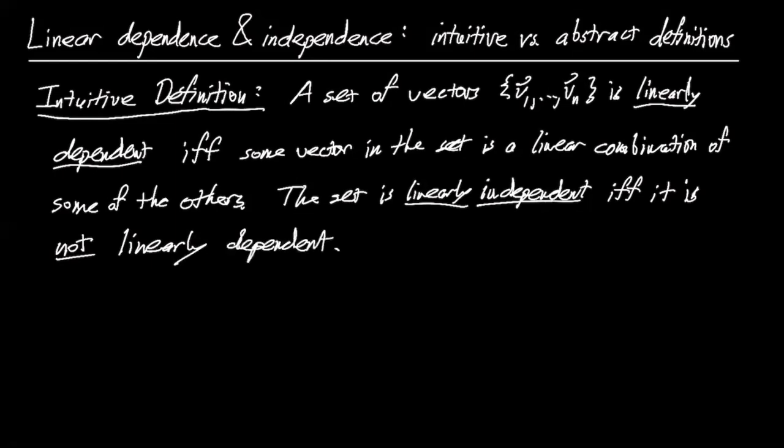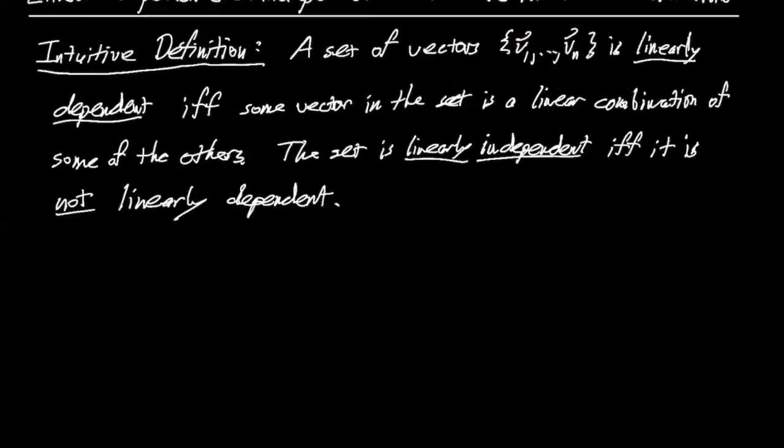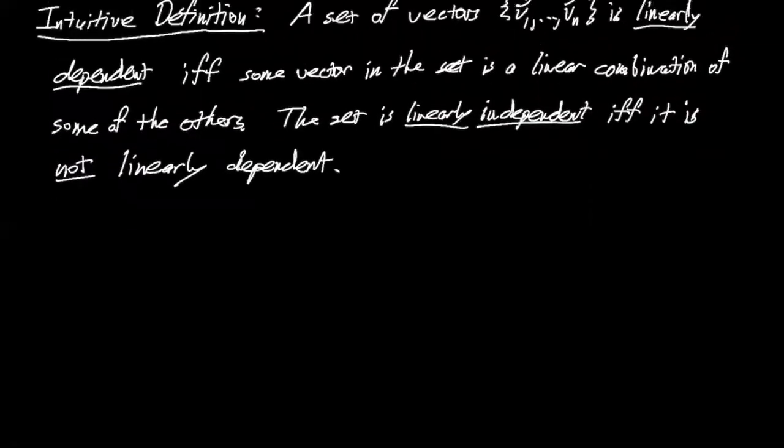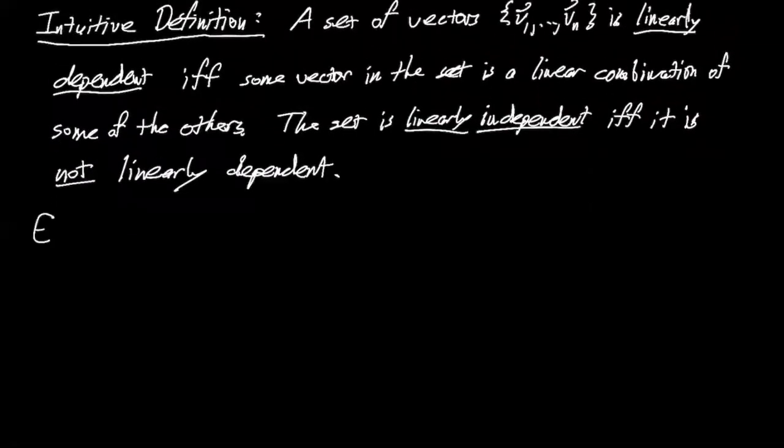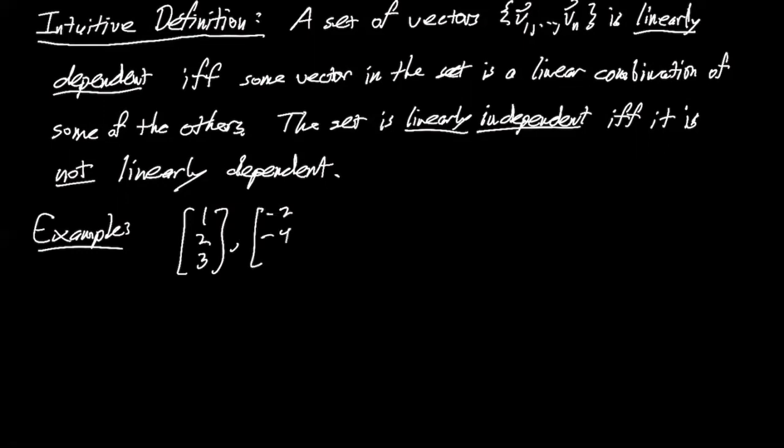Okay. Let me just give an example. Again, I'm going to use some of the same vectors I used before. So, for example, let's think about these vectors. I'm just going to take the first few columns of the matrix that we've had in a lot of videos this week.